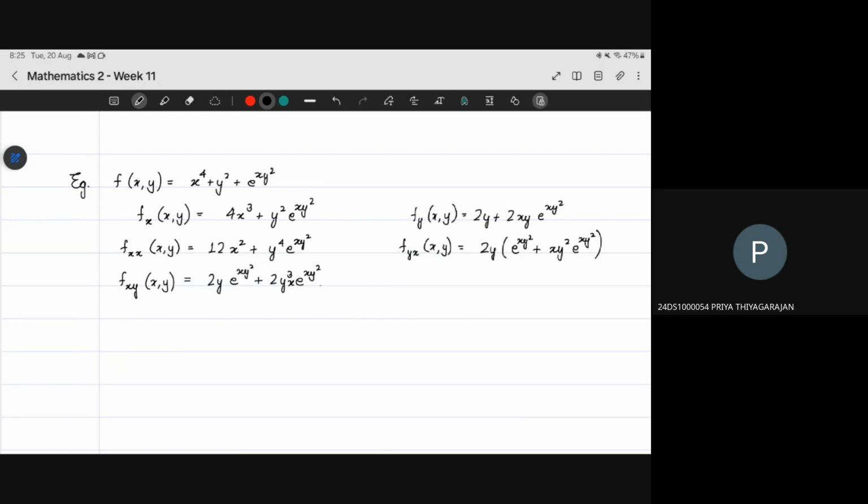Then fyx will be 2 plus 2x is a constant, e to the xy squared plus 2y with an x.